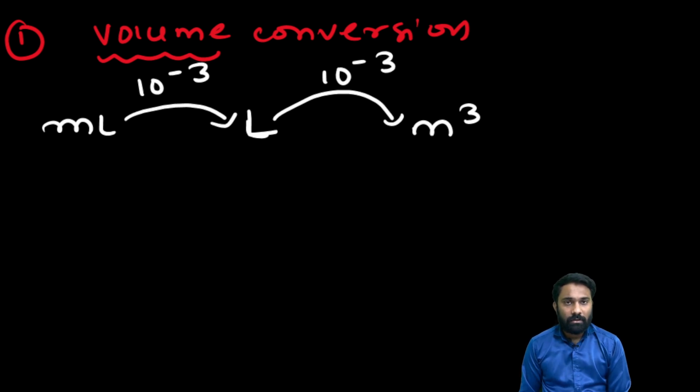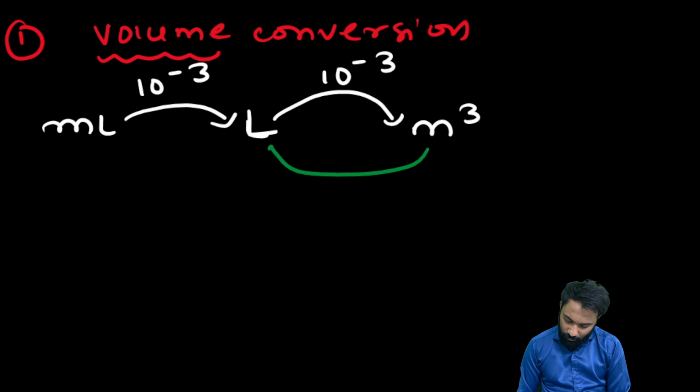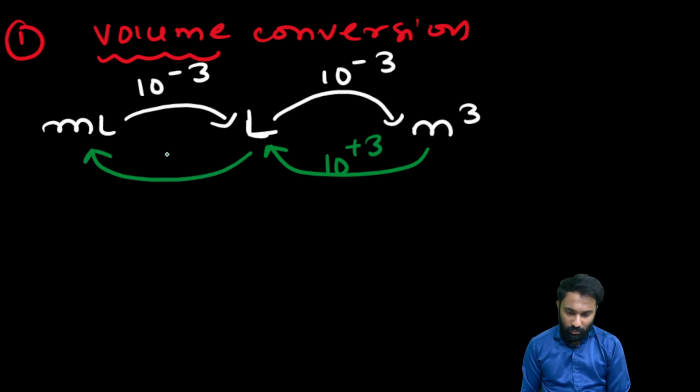Clear? Now if you are coming from meter cube to liter, it will become 10 to the power plus 3, and liter to milliliter, it will become 10 to the power plus 3.